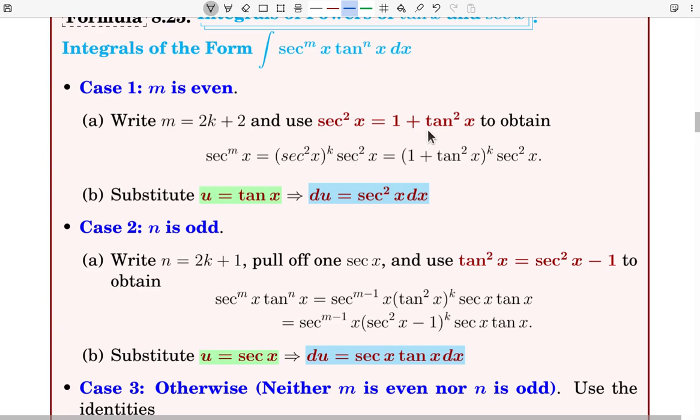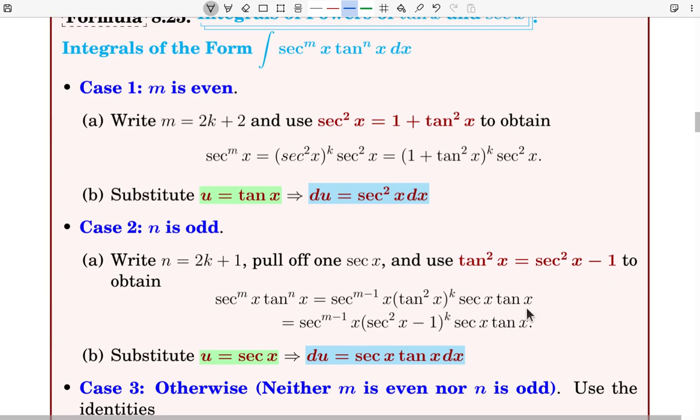But tangent squared x is larger than or equal to 0. By adding 1, they can match each other, right? Tangent squared starts from 0, but sec squared starts from 1. So with the addition of 1, they can be the same.